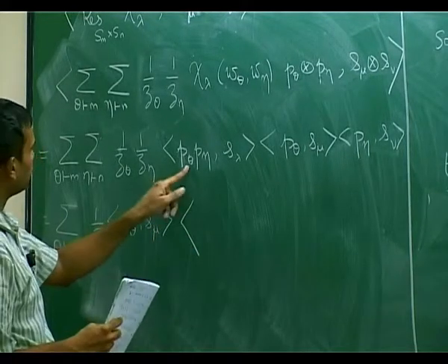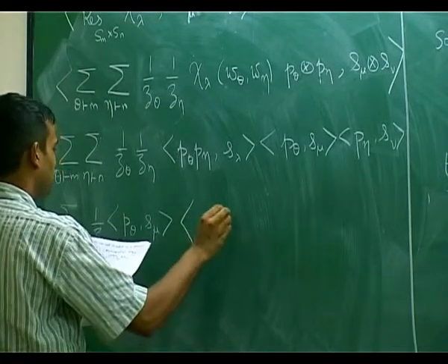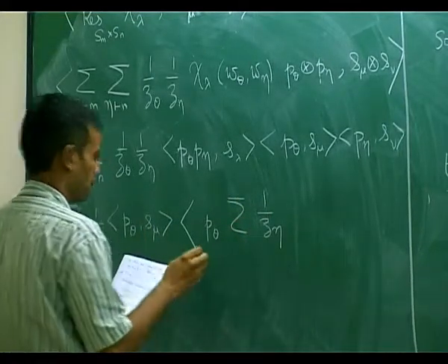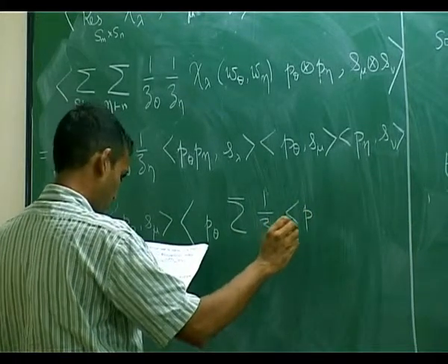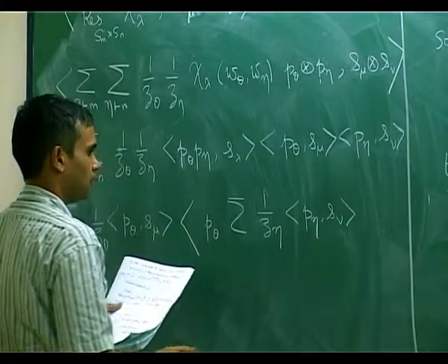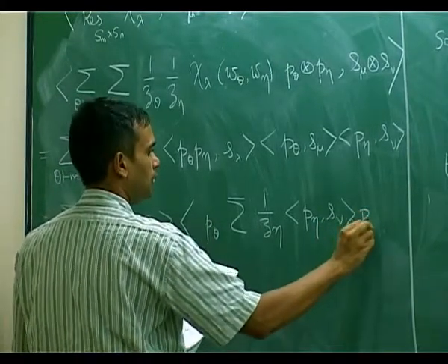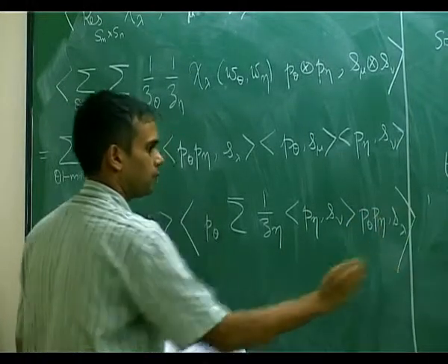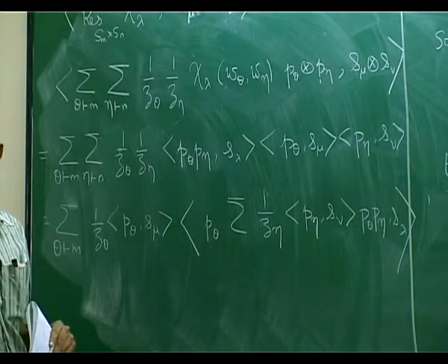So now this of course again doesn't depend on eta, so I'll write p theta times summation 1 over z eta, and then I'll bring this thing inside. That's the old trick. Bring this inside, and here we'll have p theta p eta comma s lambda.